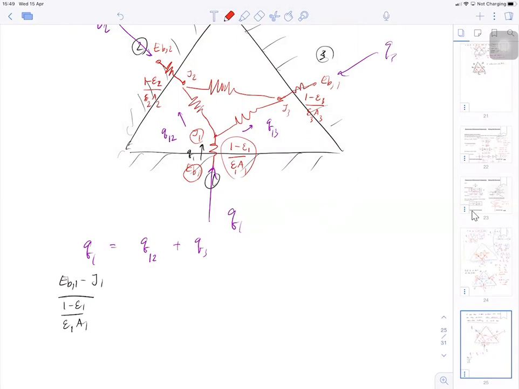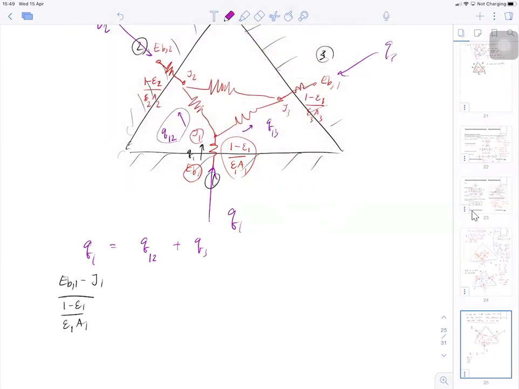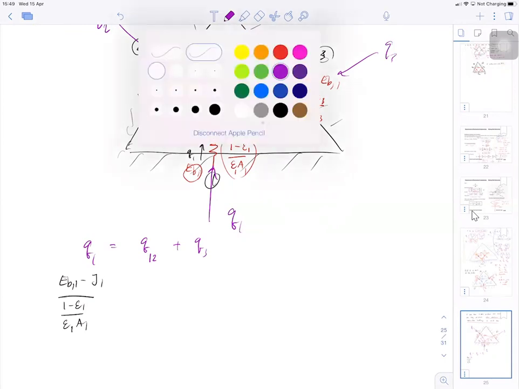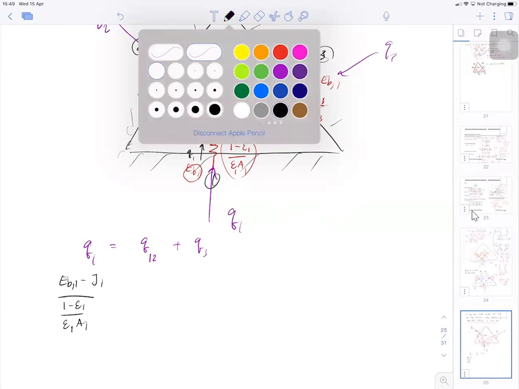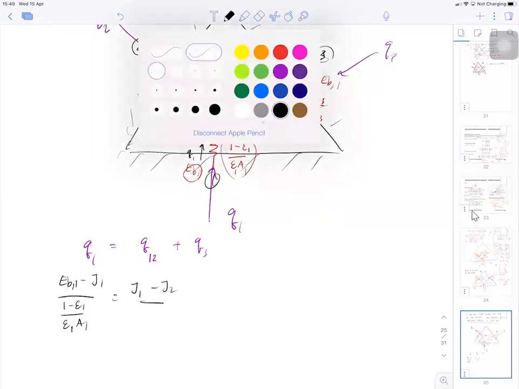There you go. And after that, Q12 is here, and this node is between J1 and J2. Starting on this side, Q12 is going to be J1 minus J2 over the thermal resistance.